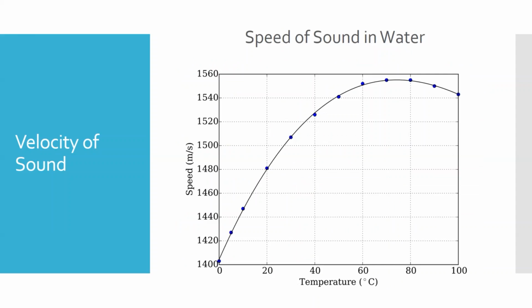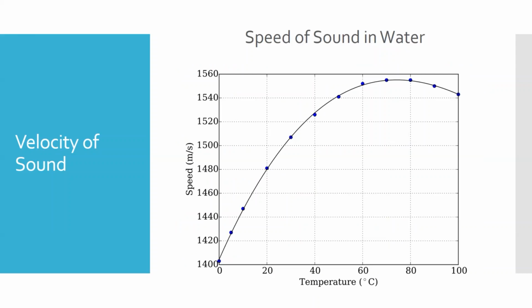So it can have changes. And then as it starts to get towards steam, it slows back down. Any idea what happens to water when we get up to this point? It gets less dense, starts to become steam, the atoms spread out, so it's going to cause that velocity to go back down again.